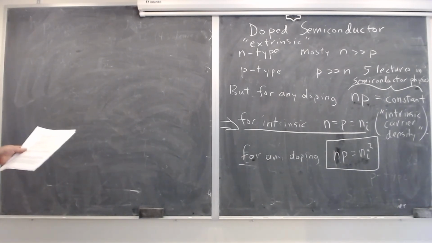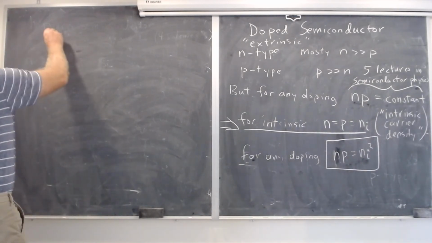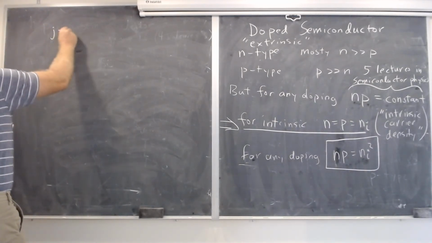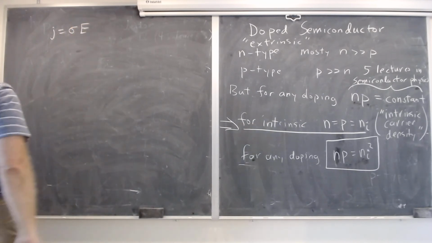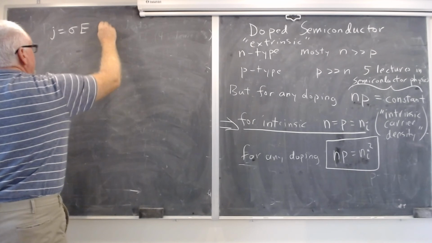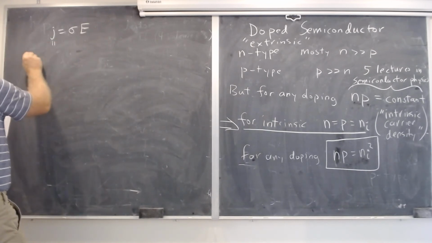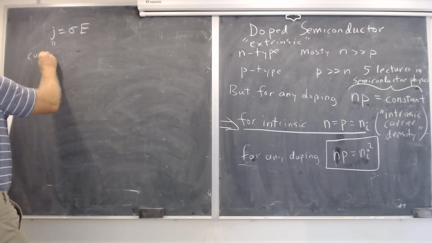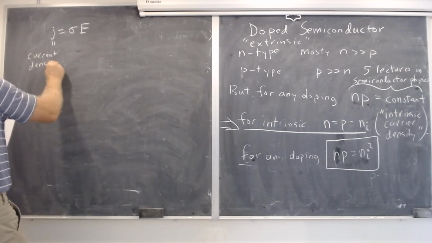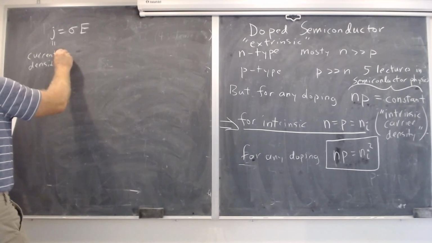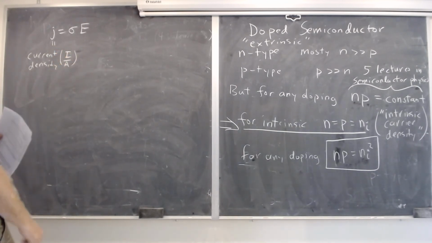was, I'm just going to write down a few things. J equals sigma E. That's microscopic Ohm's law. J is the current density, which is I over A, current per unit area.